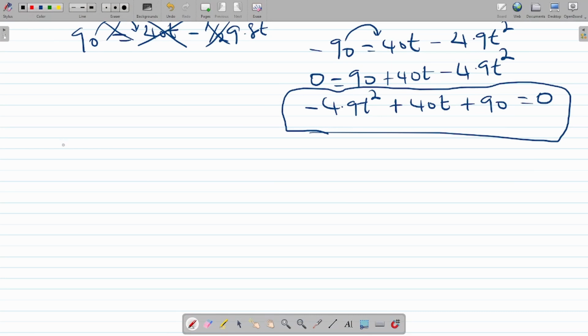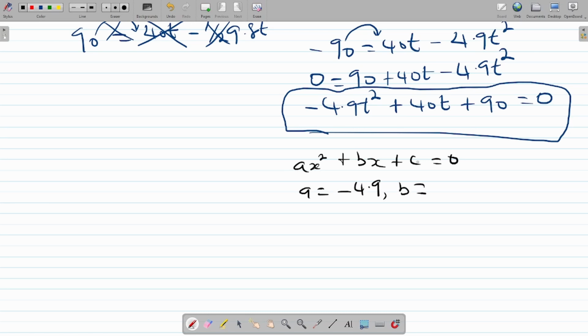So now we've created a quadratic equation. Let's now identify our values. So here we have our a. If you compare this with ax squared plus bx plus c is equal to 0, which is the general form of every quadratic equation, we'll discover that our a is equal to the number in front of the t squared, which is negative 4.9.